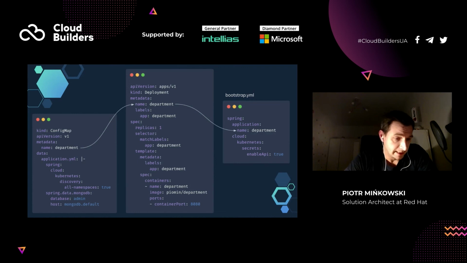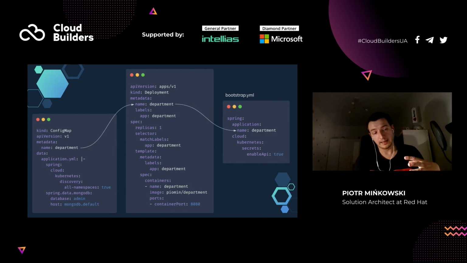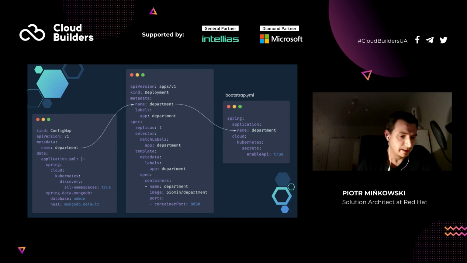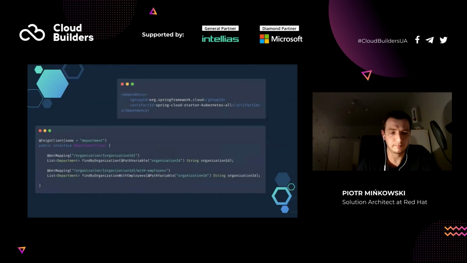And as you see, the config map defines the content of the application YAML file. And when our application starts, it just finds this config map and uses the configuration defined in it using application YAML.